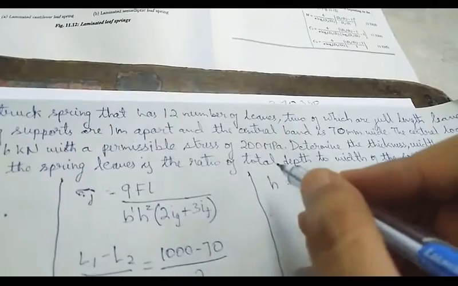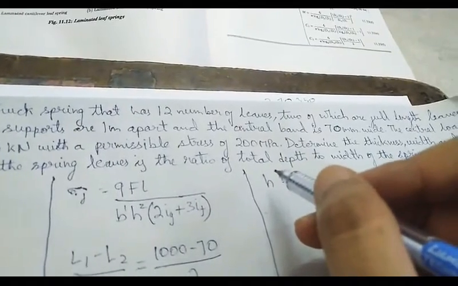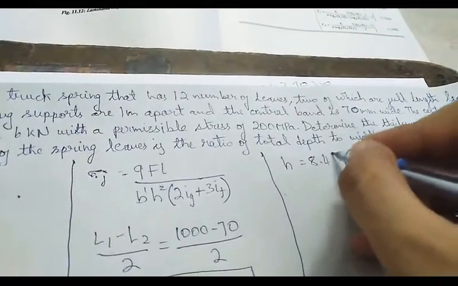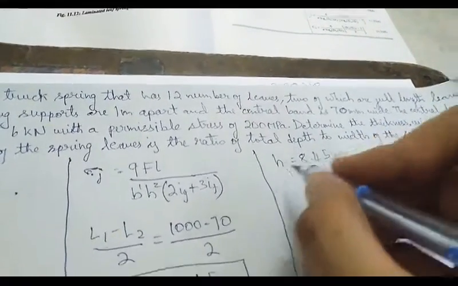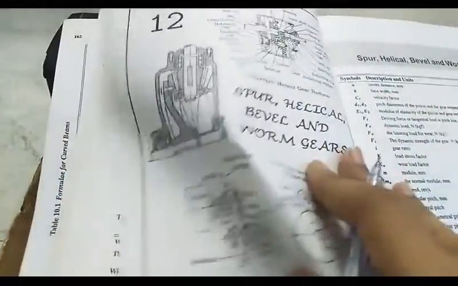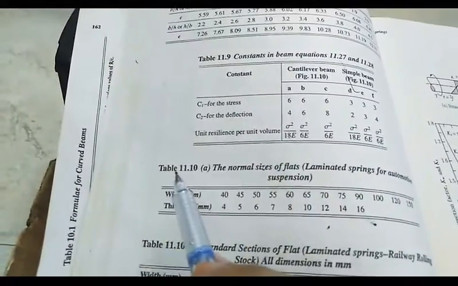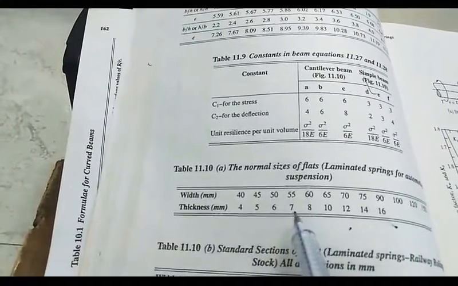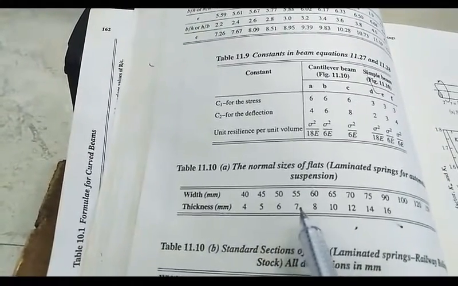The value of H which I get from this formula is 8.45 mm. From the standard data table 11.10a, they have given 8, 7, 8, 10.